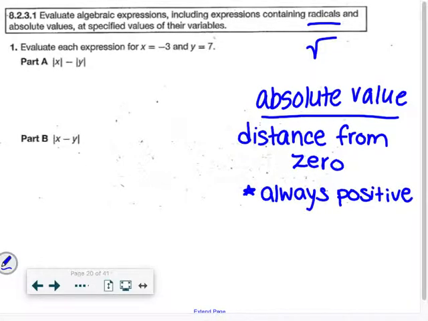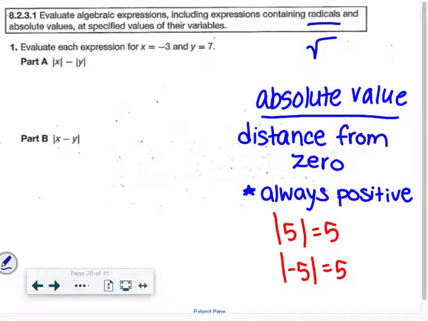So for example, the absolute value of 5 is 5. The absolute value of negative 5 is also 5. Both of those numbers are 5 units away from 0 on a number line. So distance is always positive. And those two straight bars, that's what represents absolute value.